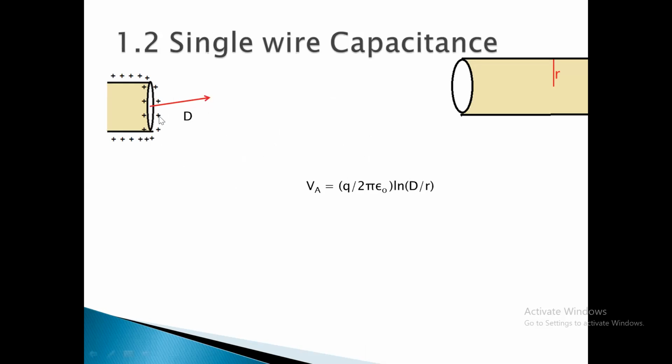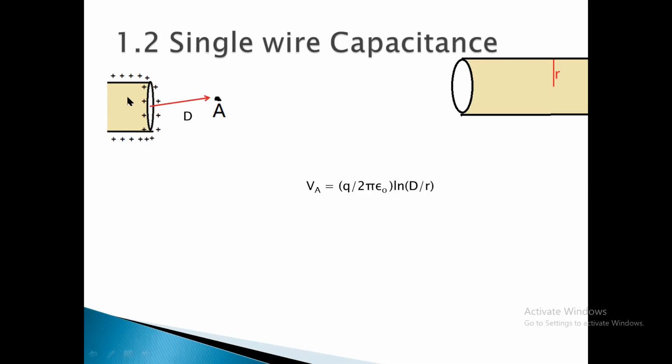Firstly, let us consider a microscopic view of a line that has the radius r, and we want to find the capacitance at this point, the same as we did in terms of inductance.